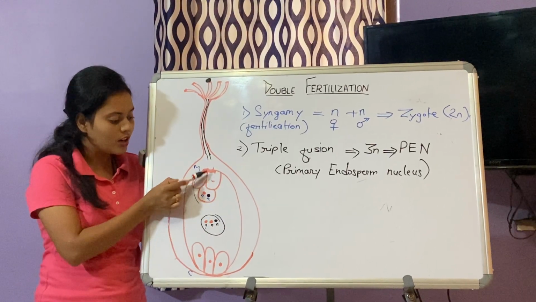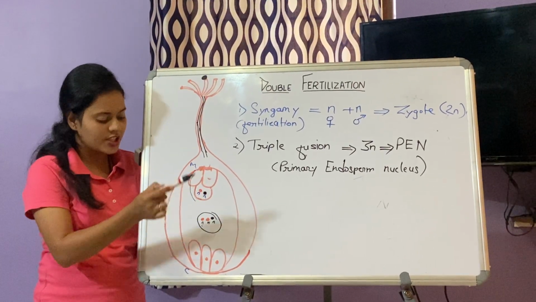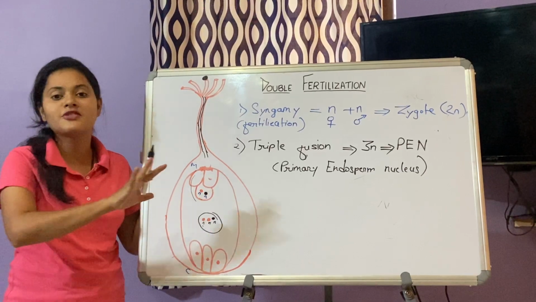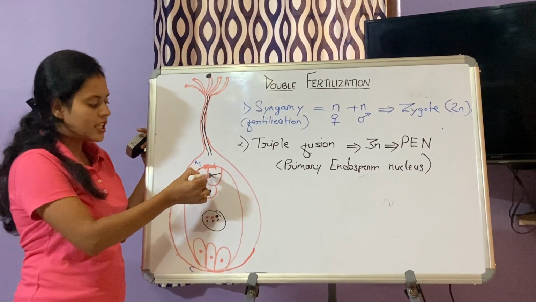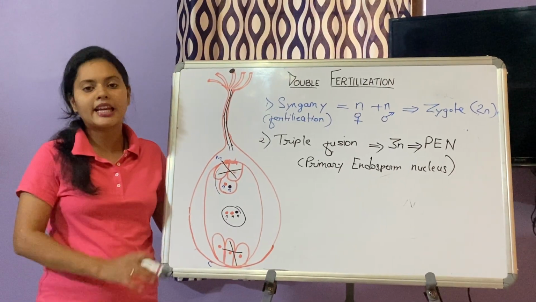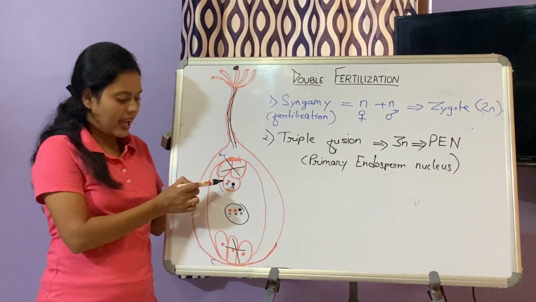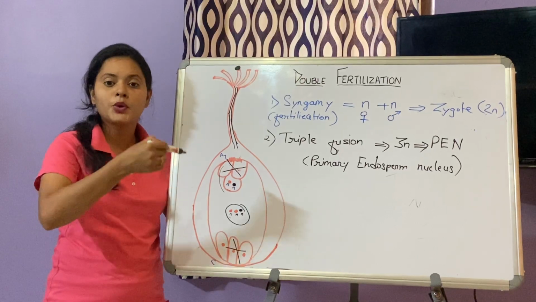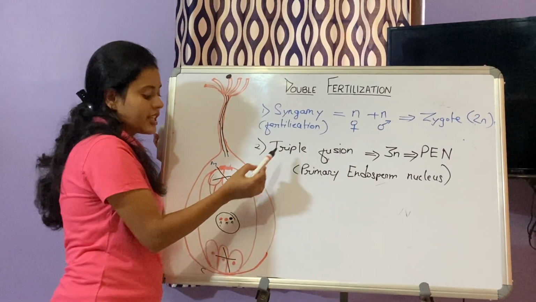Now the work of the synergid cells and antipodal cells has finished. The synergid cells will degenerate, and the antipodal cells will also degenerate. Now the zygote will develop into an embryo.